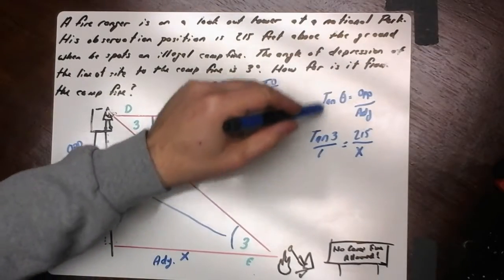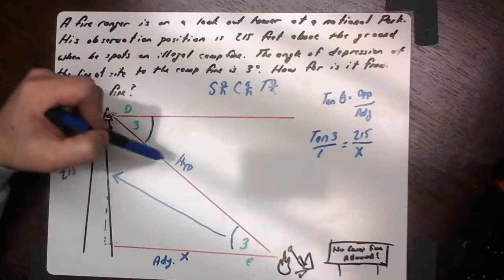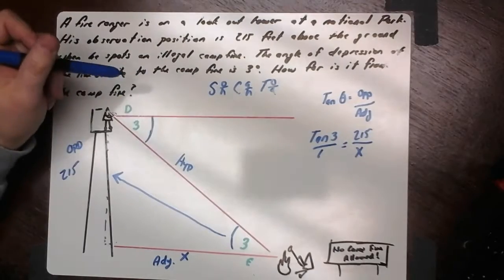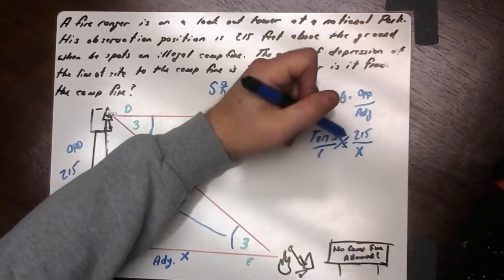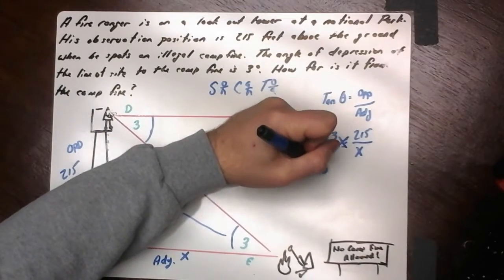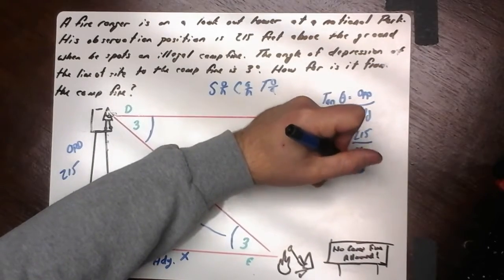So I just plugged right into that. The angle always goes with theta. Opposite is 215, adjacent is x, so now I can solve. So now I'm going to cross multiply. 1 times 215 is 215. X times tangent 3 is tangent 3 times x.